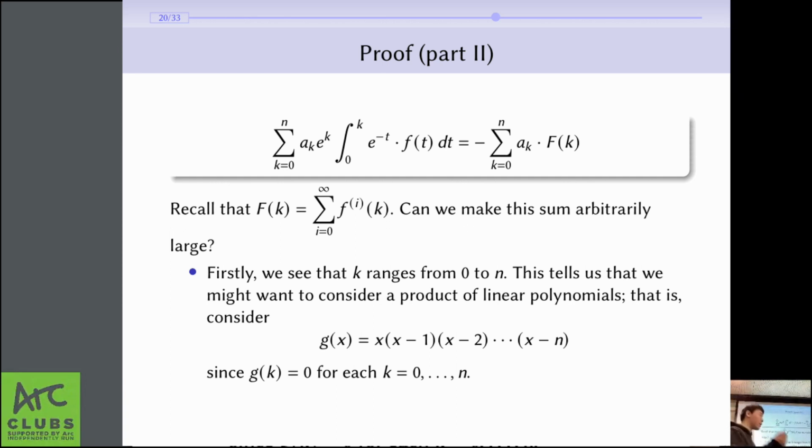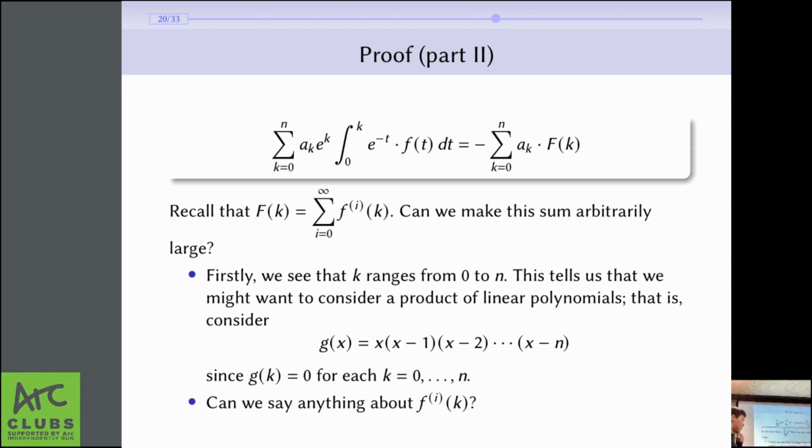Because then if we evaluate g on any of these k's, all of them should be 0, right? If I plug in g of 0, I get 0. If I plug in g of 1, I get 0, etc. So maybe this is a nice definition for us to work with. Okay, so let's just keep going and see if that works.